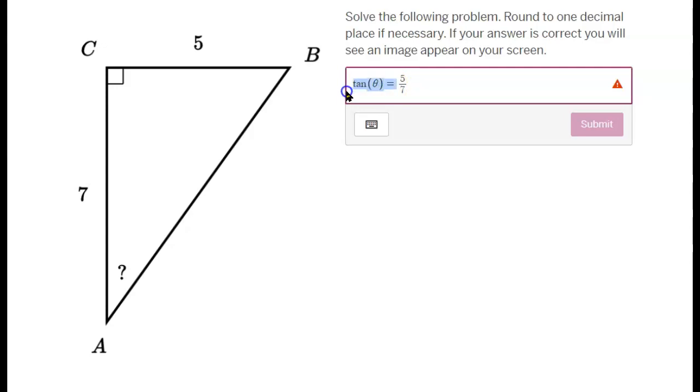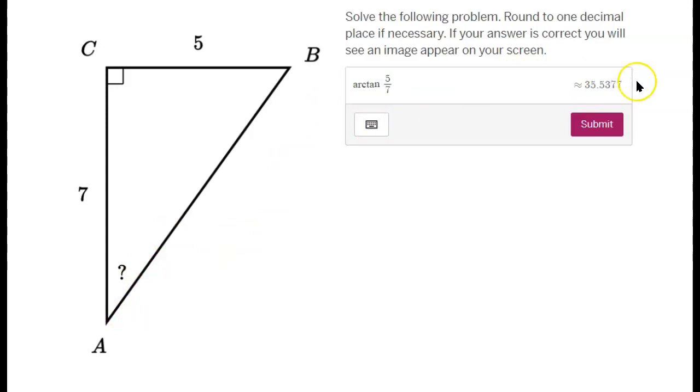So I'm going to say arctan of 5 divided by 7. Therefore, angle A is 35.5377.